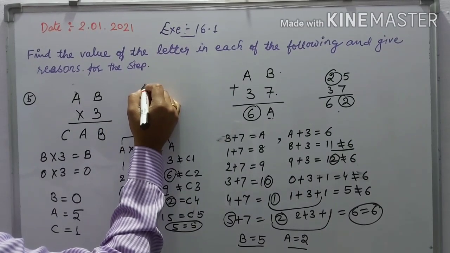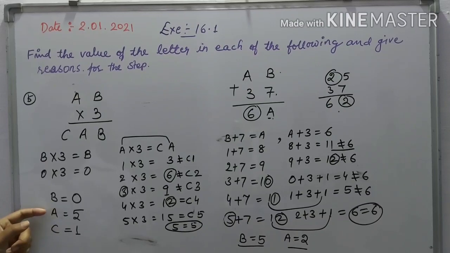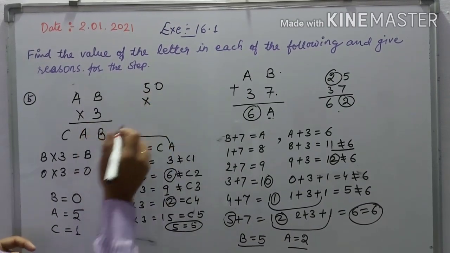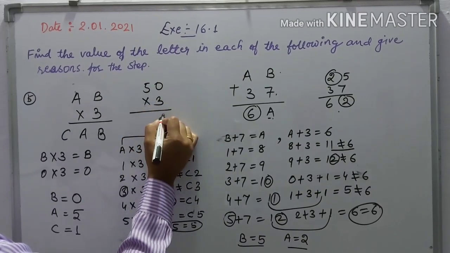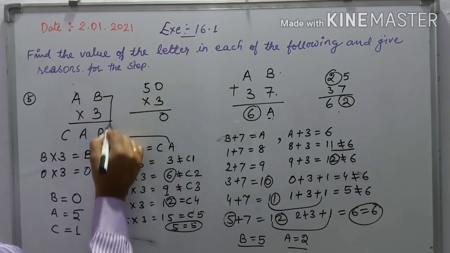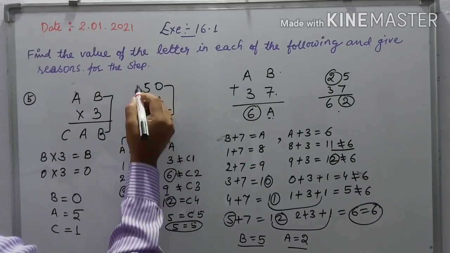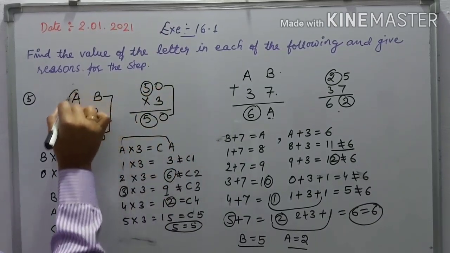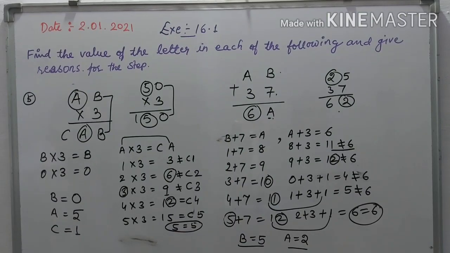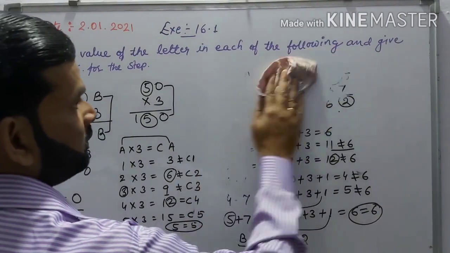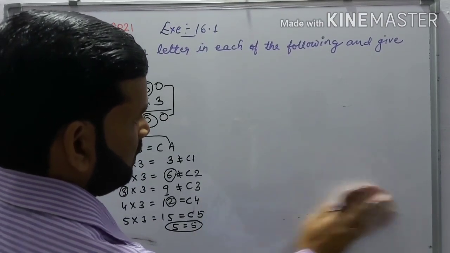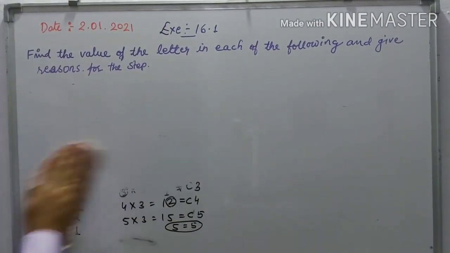Suppose you check AB is 50 into 3 is equal to 300, they are the same value, and 3 5s are 15, so this is the same value of A. Okay, now next is question number 6.